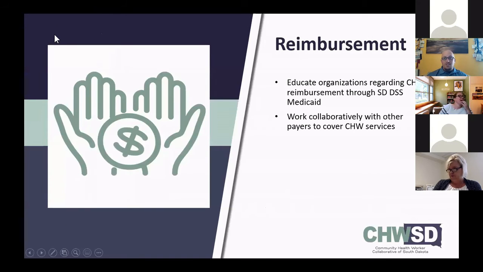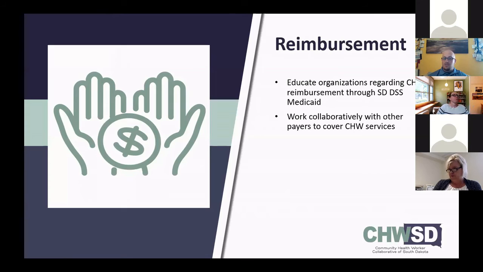The next area that we want to focus just a little bit on is reimbursement. And reimbursement, as Sam mentioned, is already available through South Dakota Medicaid, but the Community Health Worker Collaborative also wants to work closely with other payers to cover CHW services.